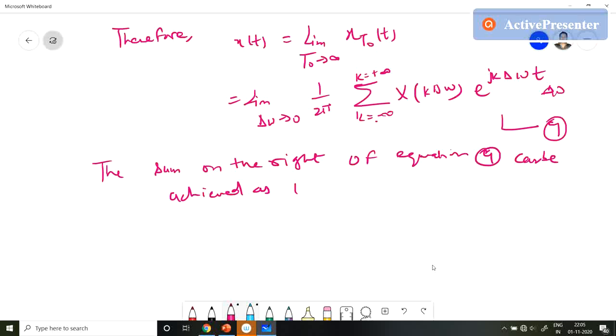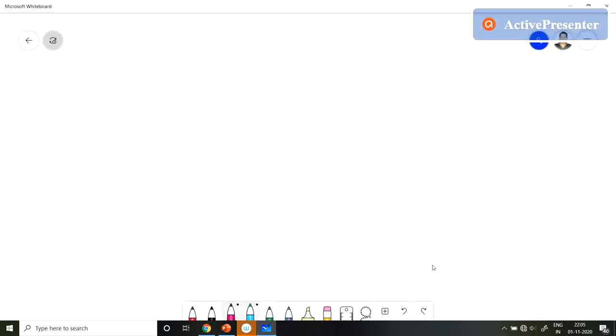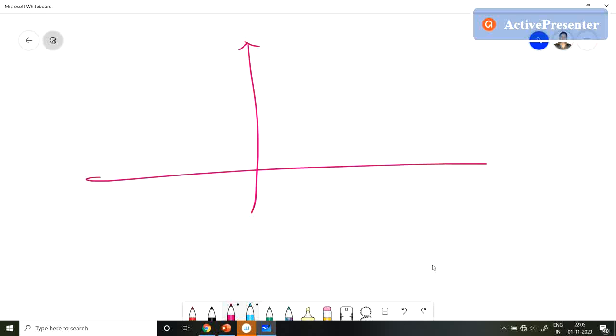achieved as the area under the function X(omega) e raised to the power j omega t. So we can draw the graph. Let us see the graph here.